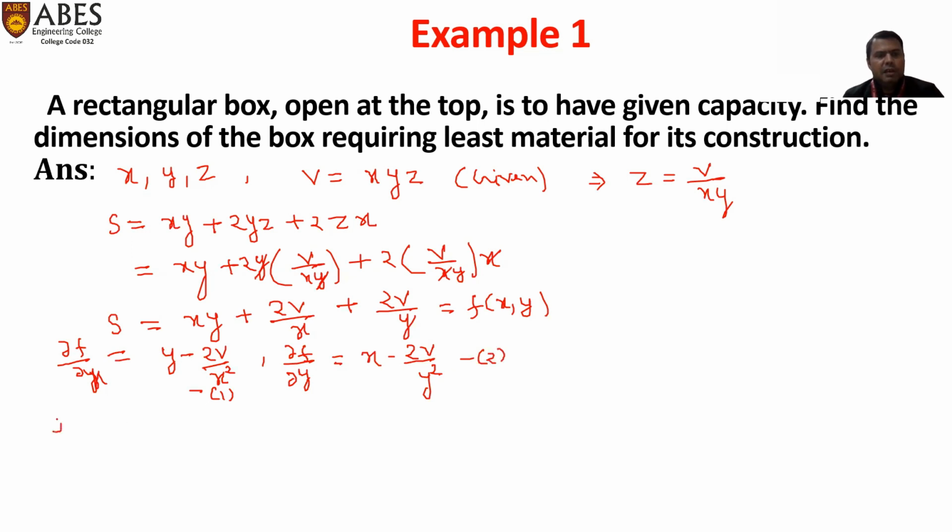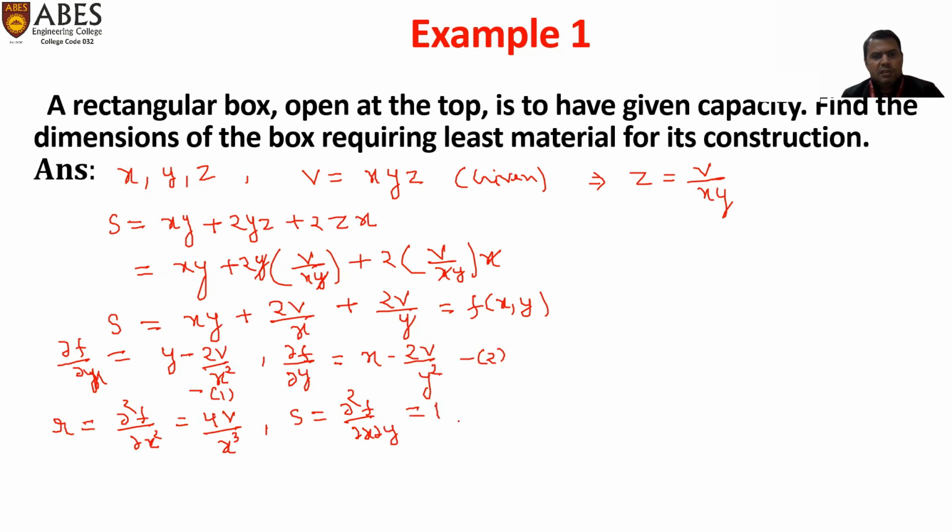Now we find r. So r is del squared f over del x squared, which is 4V upon x cubed. We differentiate del f over del x again with respect to x. Similarly, we find s, del squared f over del x del y.